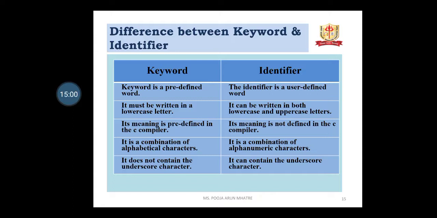Keyword is predefined in the C programming compiler, and the identifier is not defined in the C compiler. Keyword is a combination of alphabetical characters and identifier is a combination of alphanumeric characters. Keyword does not contain the underscore character. Identifier can contain the underscore character.